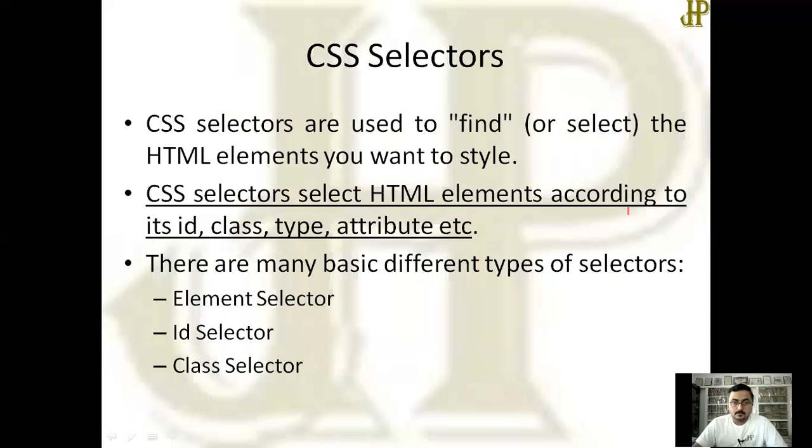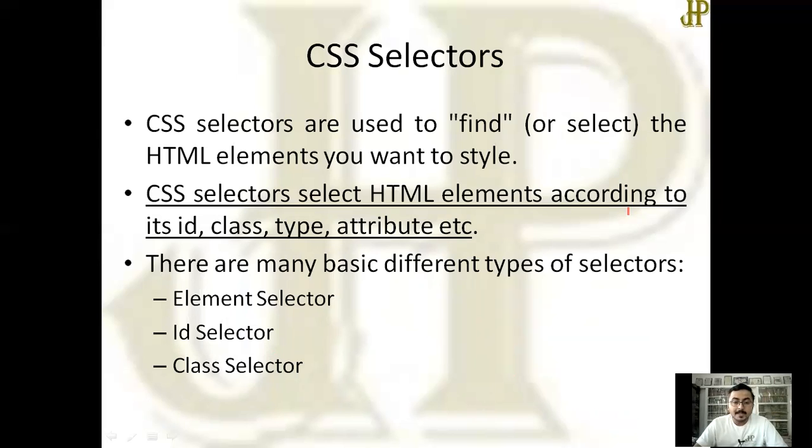So next point is, what is a CSS selector? I already told you. Selectors means HTML elements on which you want to apply some style or design pattern. Now, these selectors can be classified or identified in many ways.